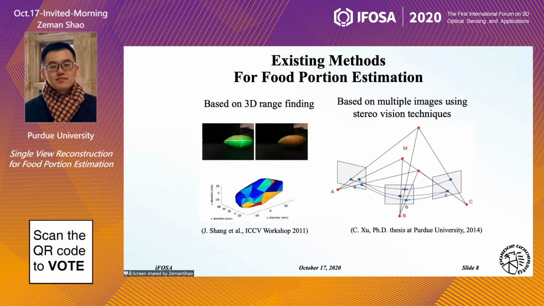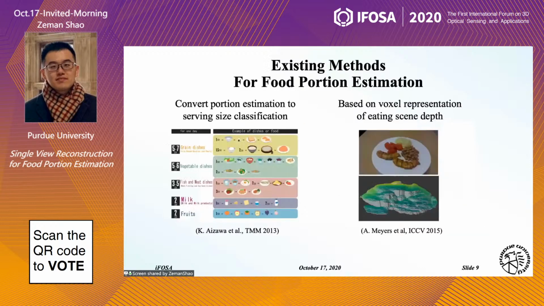Taking multiple views of the eating scene requires extra user effort. In addition, multiple views do not guarantee good reconstruction because the angle differences are too large and the scene has changed between taking different images.